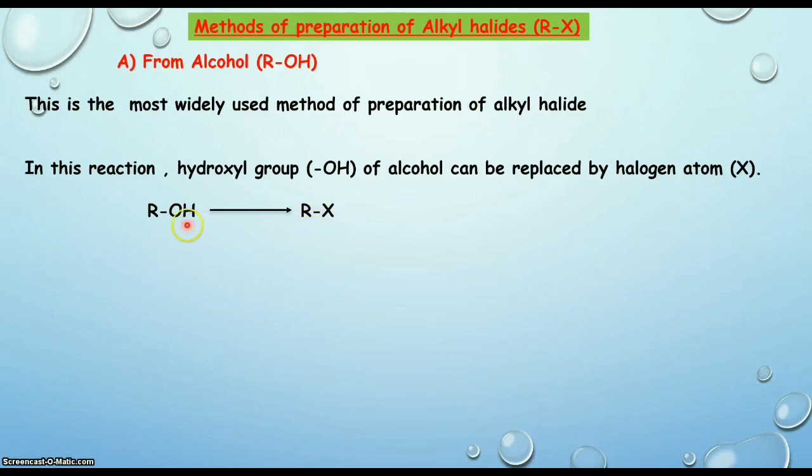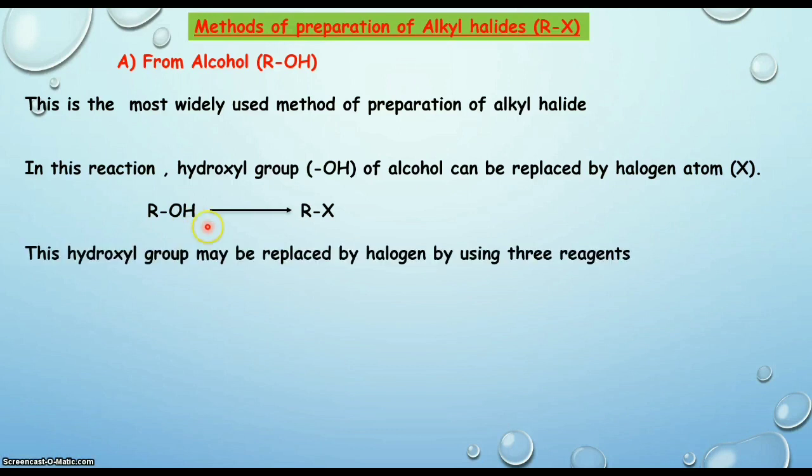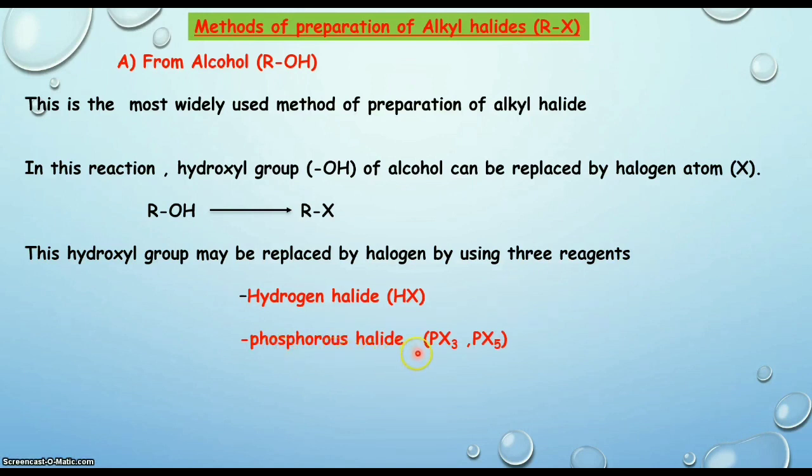We can replace this hydroxyl group of alcohol by halogen by using three different reagents, that is hydrogen halide, that is HX, phosphorus halide, PX3 and PX5, and thionyl chloride, that means SOCl2.